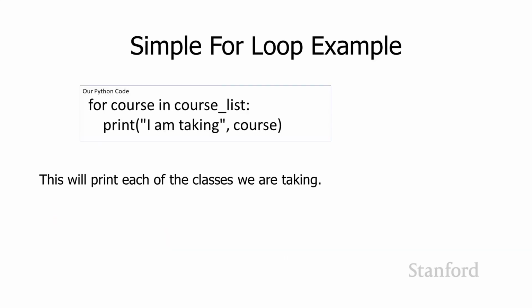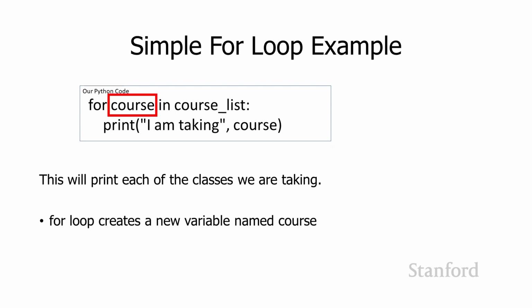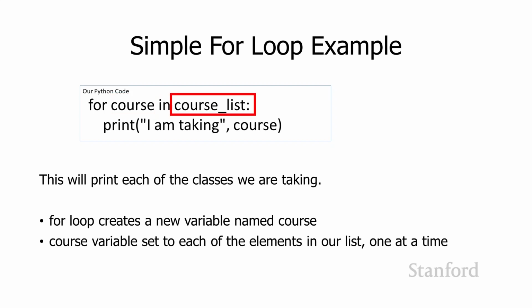All right, so here's our first example of a for loop. I'm going to print out each of the classes that I'm taking. And so the way this works is I create a new variable in the for loop. In this case, the variable is course. And what's going to happen here is that course will be set to different values, one for each of the values in my second variable here, course list, which I previously set, and we saw a little bit earlier.